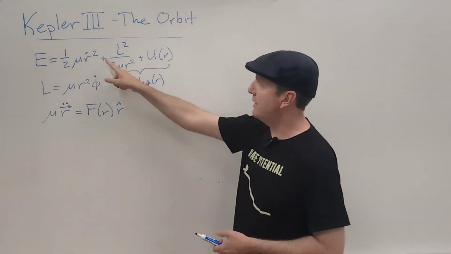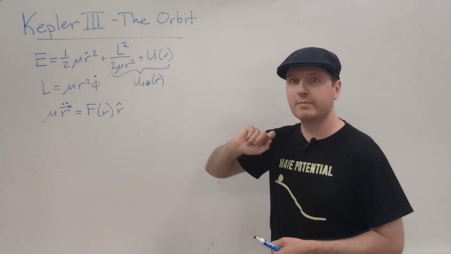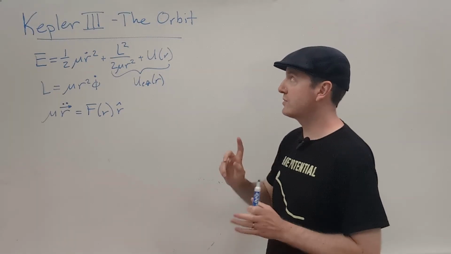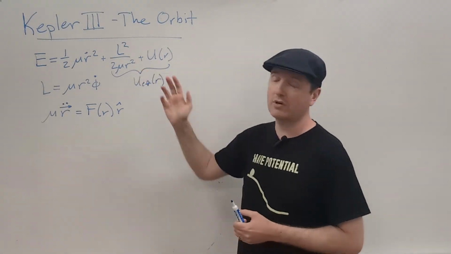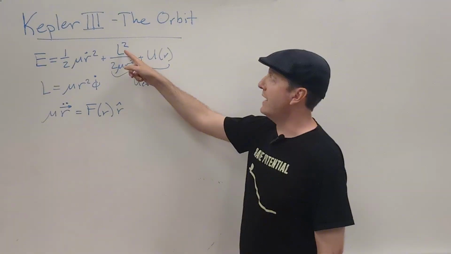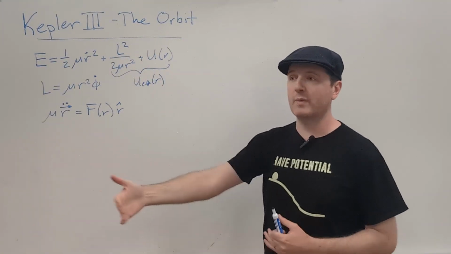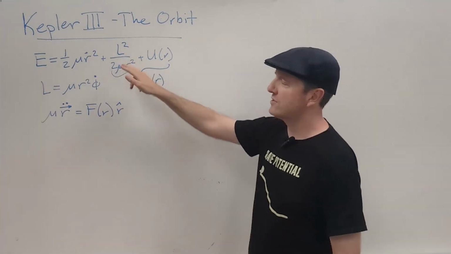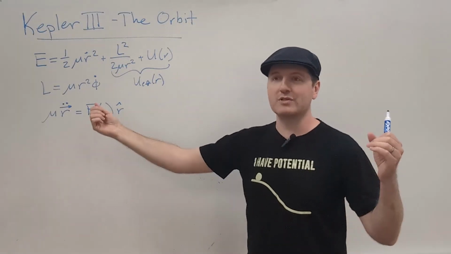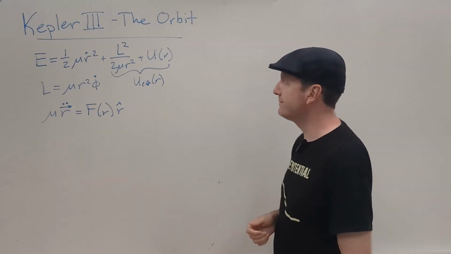Notice that it's a positive term. It's got a 1 over R squared potential, which is a little strange. Not a 1 over R squared force, a 1 over R squared potential. It's a 1 over R cubed force. And it depends on how much angular momentum there is. So this is the term that keeps objects from just falling straight into the middle.